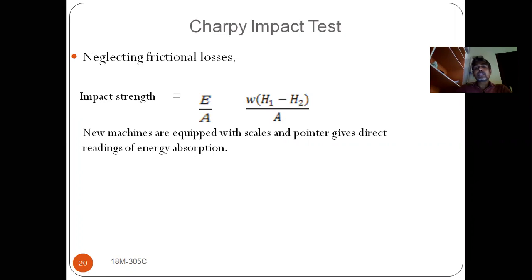By taking the reading, you can easily find the energy absorption values. The same procedure can be adapted for the Izod test also, but the only difference is in loading the specimen.